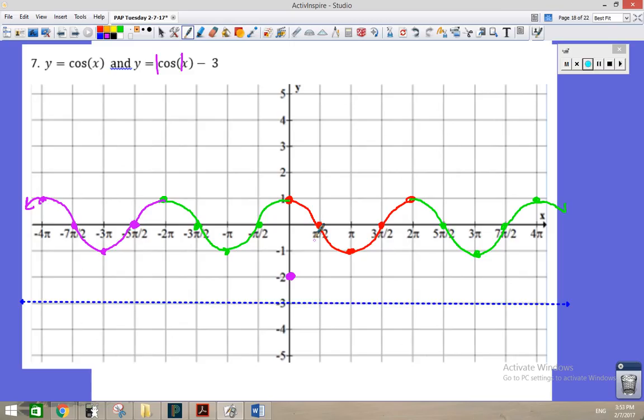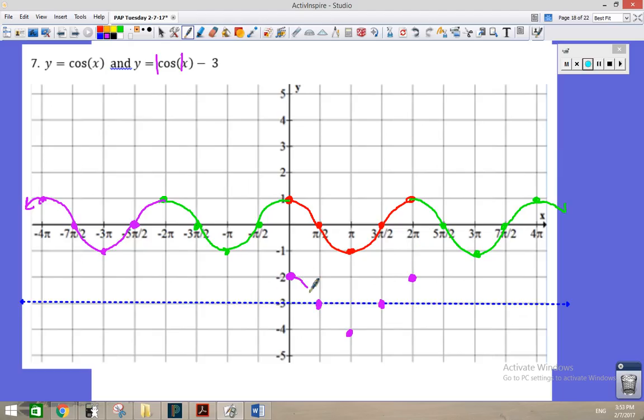And this point has y equals 0 minus 3. 0 minus 3 is -3. -1 minus 3 is -4. All of these points, remember, are being pushed down 3 units. It's a rigid transformation. Here, this x-intercept, if you go down 3 units, you're on the new center line. This max of 1, if you subtract 3, 1 minus 3, is -2.